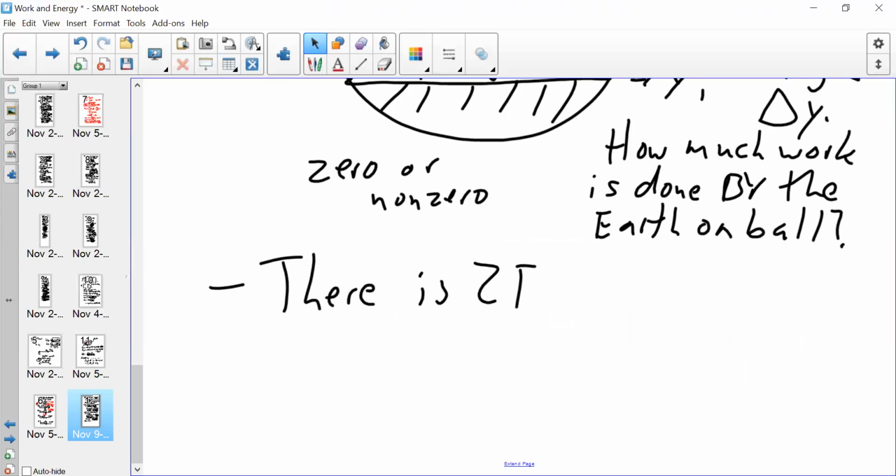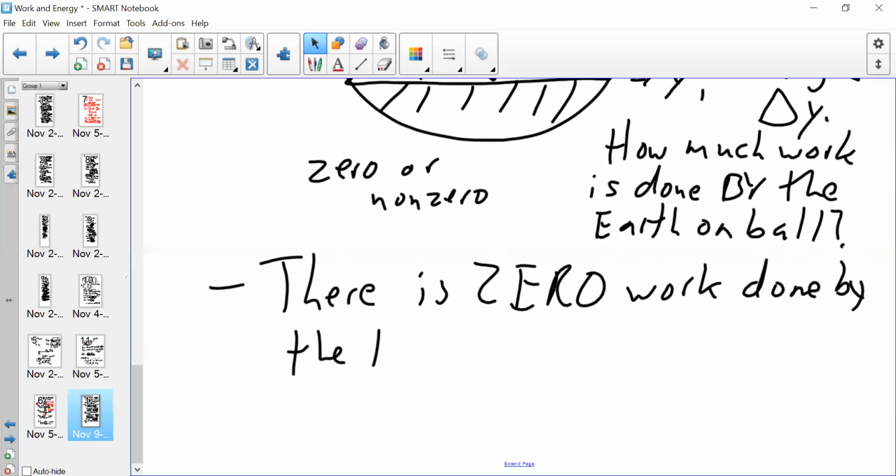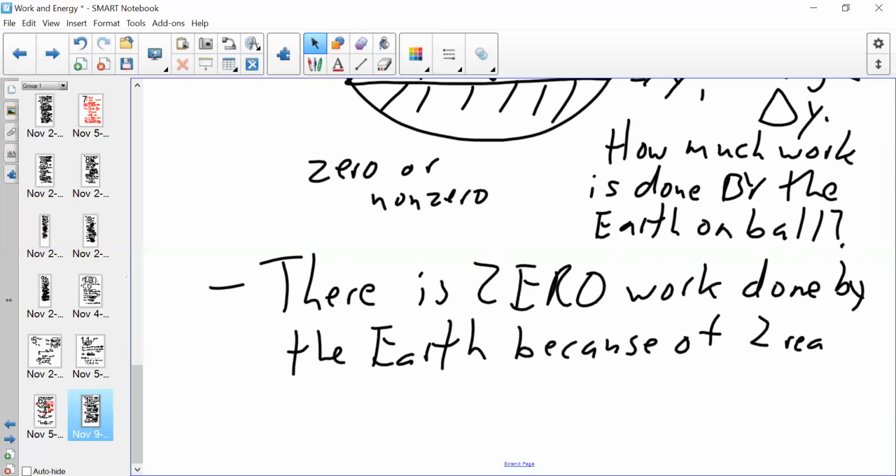There is zero work done by the Earth because of two reasons. There is no displacement, as Lily told us.